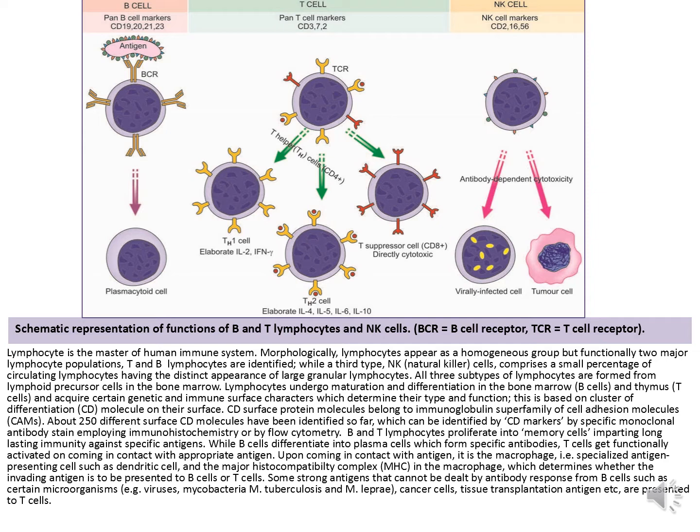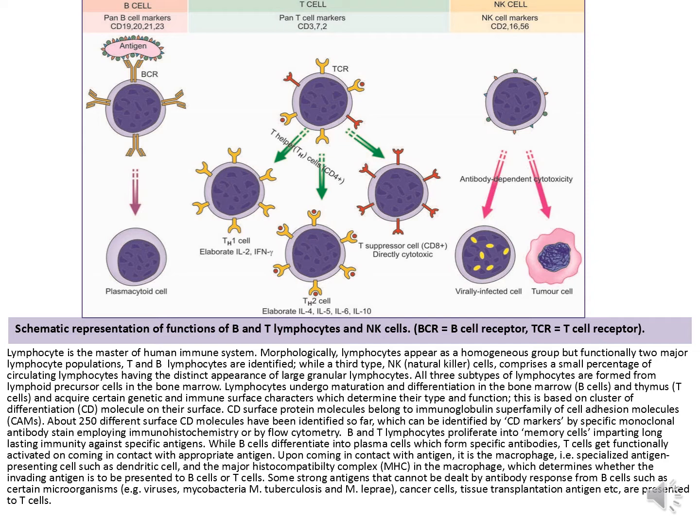Upon coming in contact with antigen, it is the macrophage, in other words a specialized antigen-presenting cell such as dendritic cells, and the major histocompatibility complex in the macrophage, which determines whether the invading antigen is to be presented to B cells or T cells.